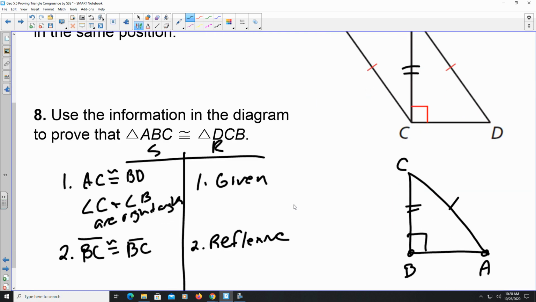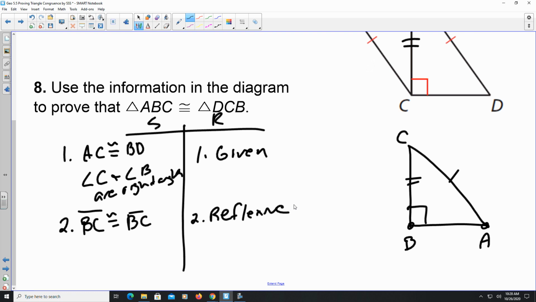I have a leg that is congruent, and I know it's 90 degrees. So I have all the information I need to say that ABC is congruent to DCB because of hypotenuse leg.